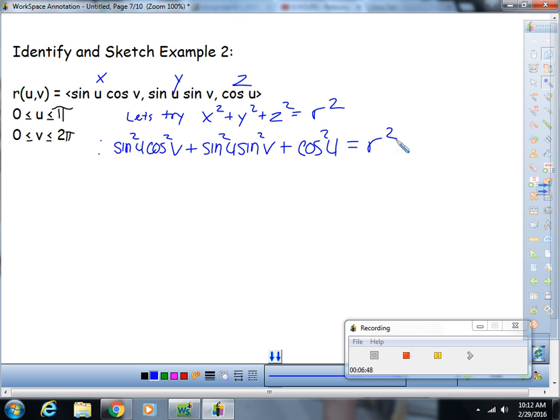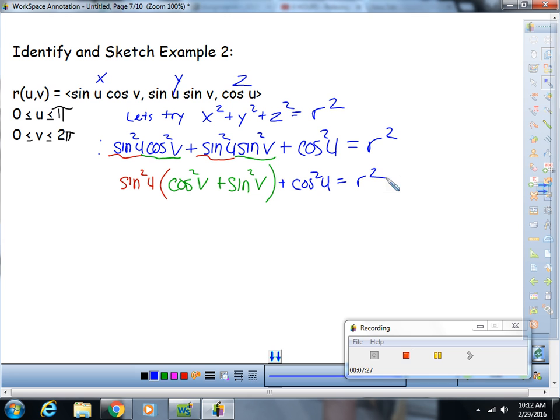Let's notice that these two both have a sine squared u. So sine squared u times what we have left, cosine squared v plus sine squared v, and then plus cosine squared u equals r squared.